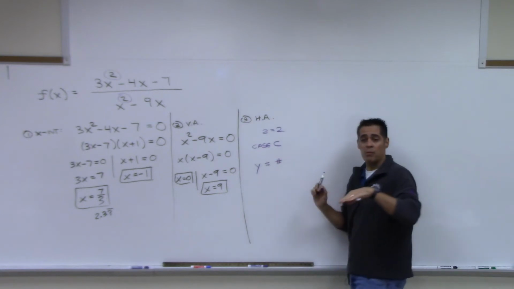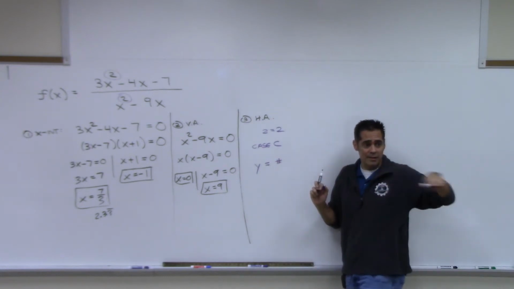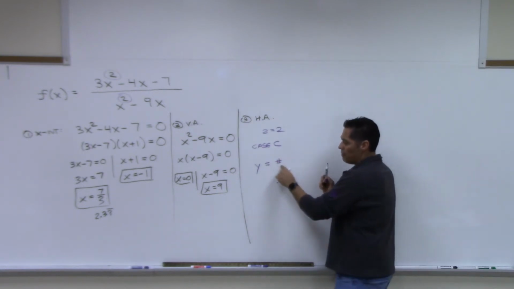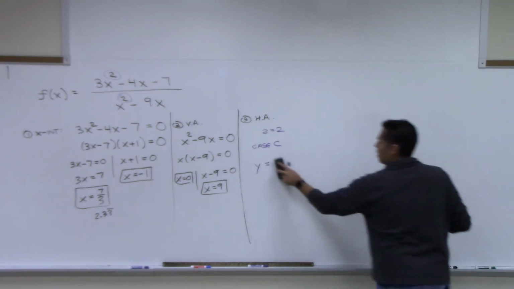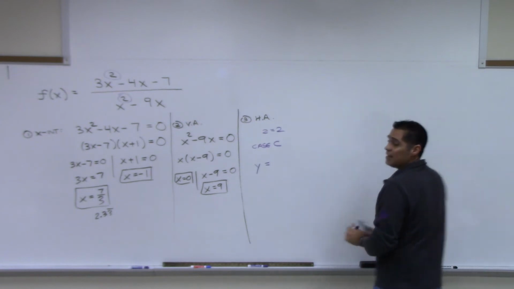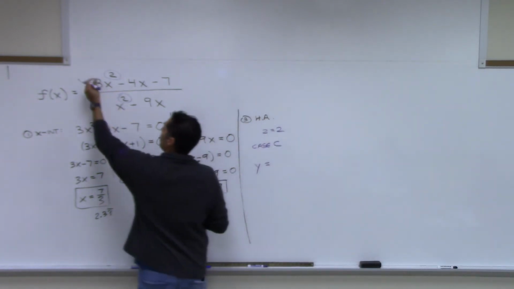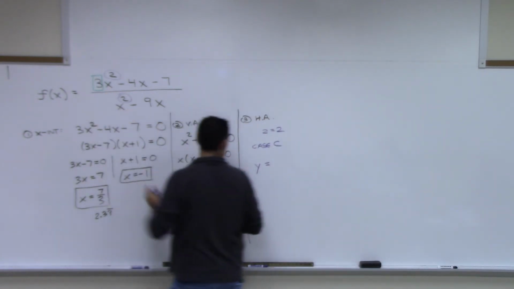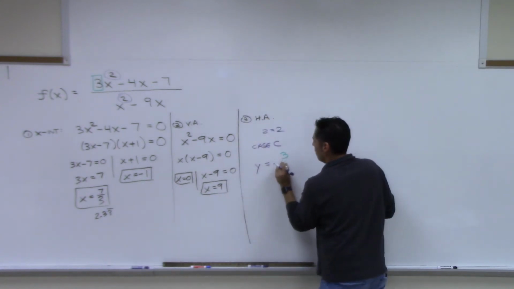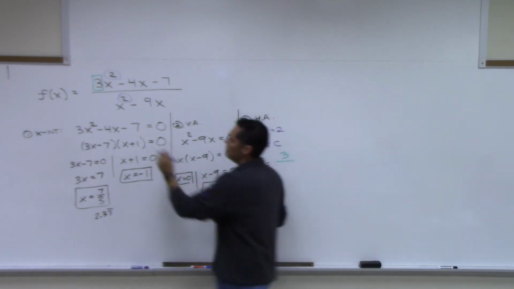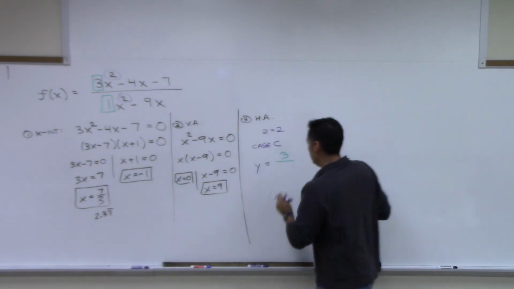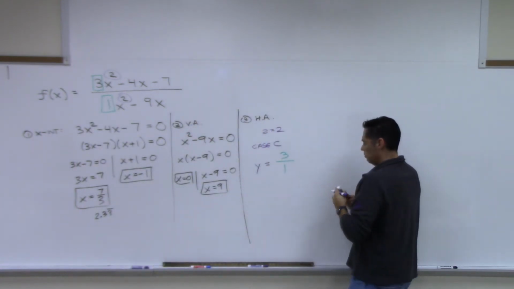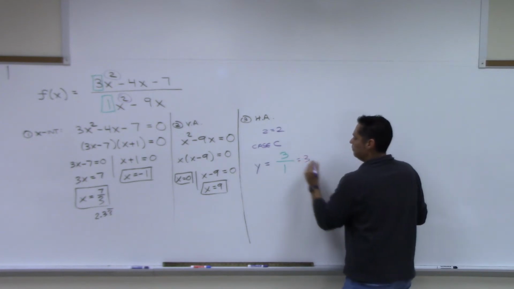Remember from when we were studying lines that y equals a number is a horizontal line. But what the number actually is going to be is the leading coefficient of the numerator, this number, 3, divided by the leading coefficient of the denominator, which is a 1. 3 over 1. And of course, 3 over 1 is 3.